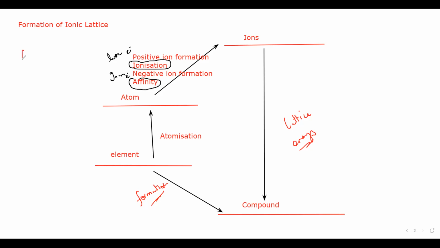And this cycle is known as the Born-Haber cycle. Is the idea of the Born-Haber cycle clear? I will give more examples related to how you can write this. Is it clear to everyone?